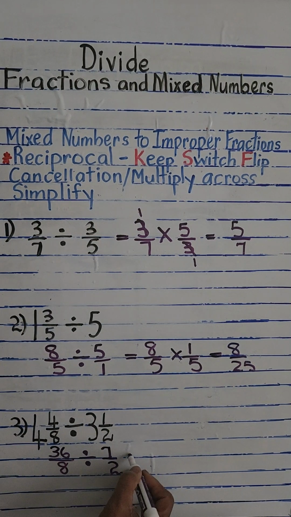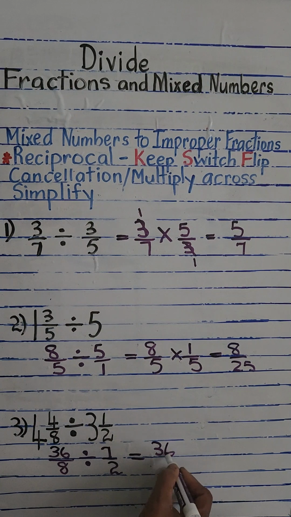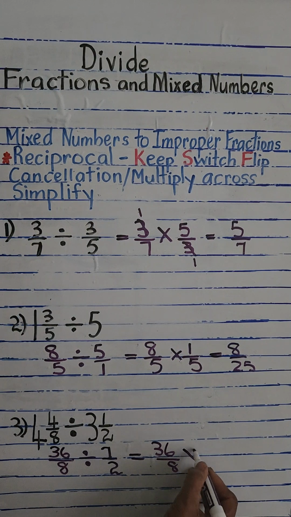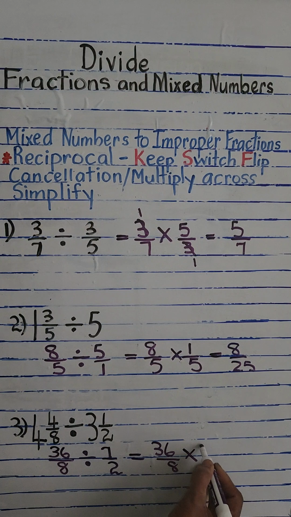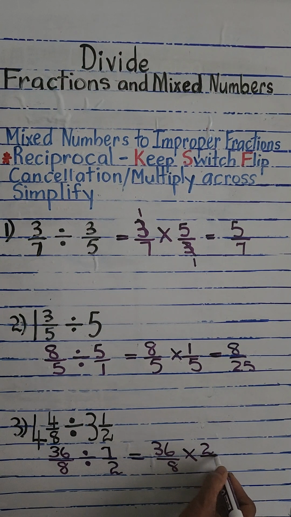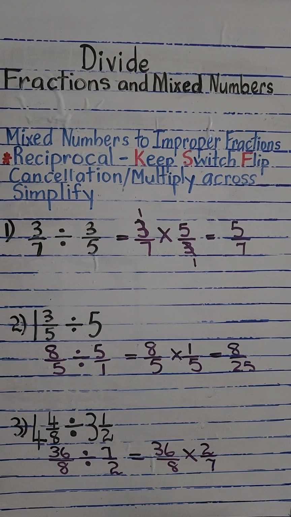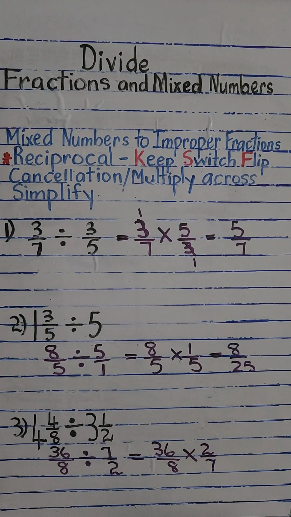So we're going to keep 36 over 8, keep that. Switch division to multiplication and flip 7 over 2 to 2 over 7. Now we're ready for the third step, cancellation and multiply across.